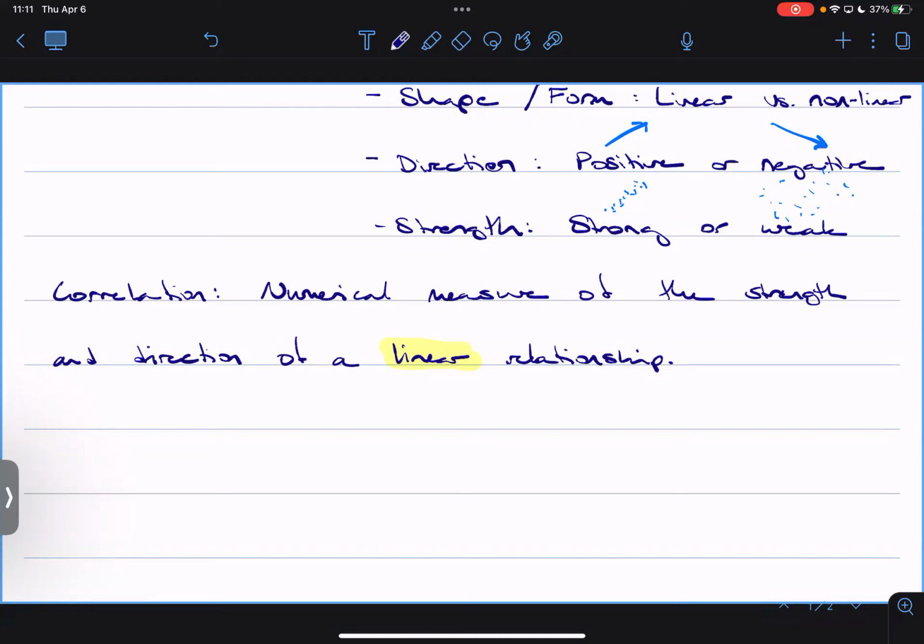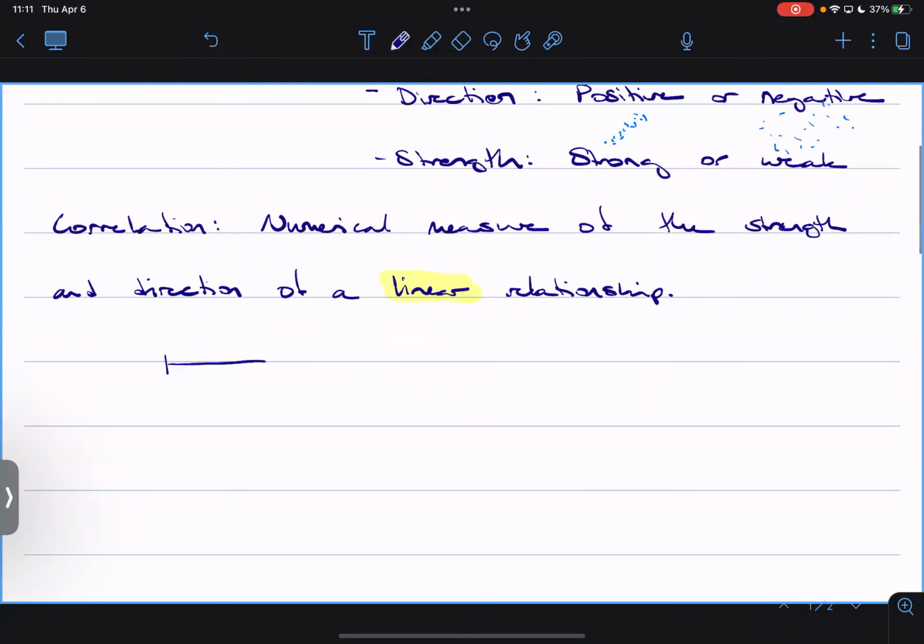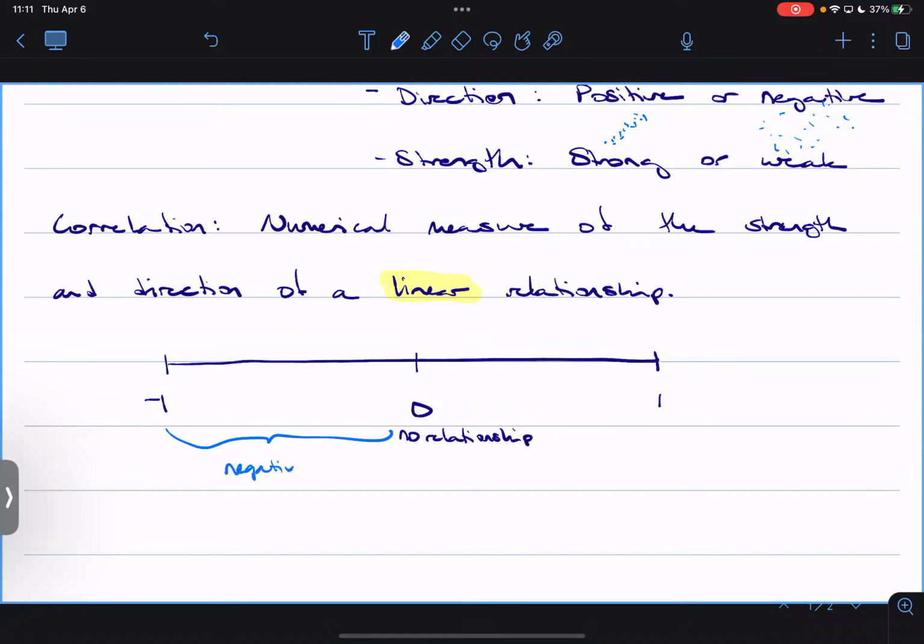All right, so we said that correlation goes between -1 and 1. Here, 0 means there's no relationship. If it's negative, of course, you have a negative relationship. And if it's positive, you have a positive relationship. That part's fine. All right. And then we said, just as a rough guide, between -0.5 and 0.5, we'll call it a weak relationship.